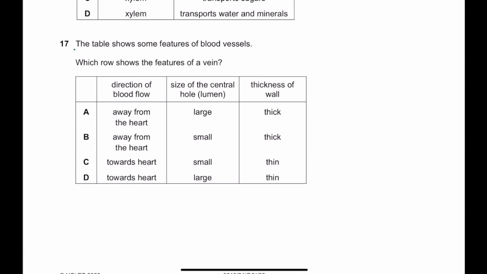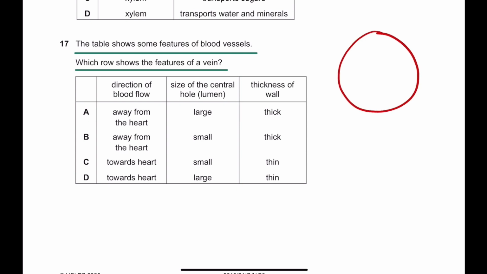Number 17. The table shows some features of blood vessels. Which row shows the feature of a vein? So there are three types of blood vessels. The first one is called artery. Artery has small lumen and thick wall. The thick wall has muscles and elastic fibers.